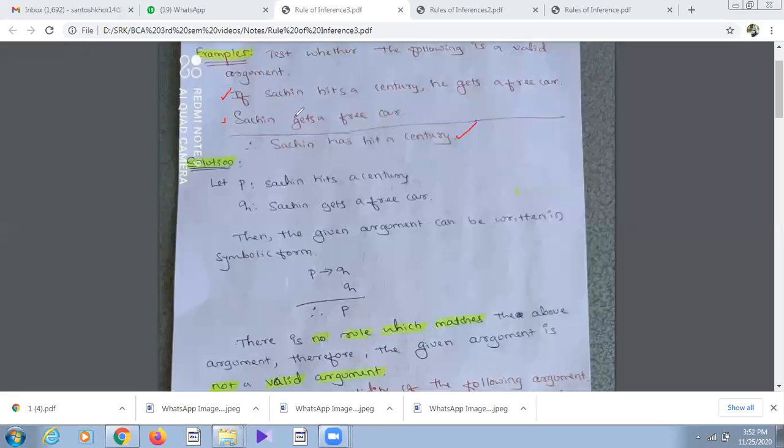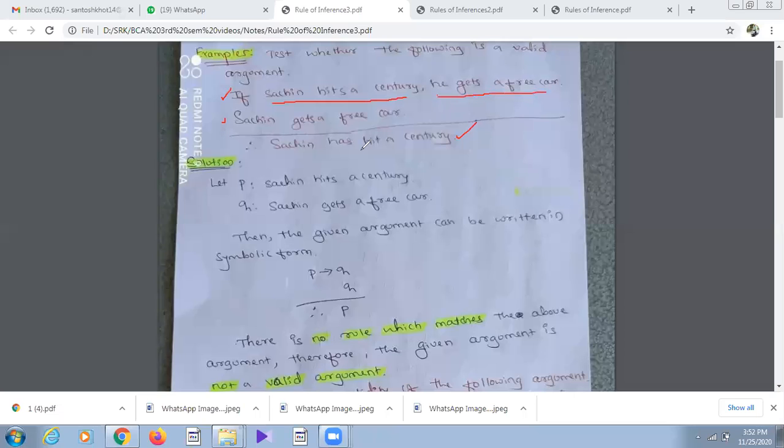See here, in the first premise we have the if condition, so we use the conditional connective. The first primary sentence is Sachin hits a century, and he means Sachin only. The second sentence is Sachin gets a free car.